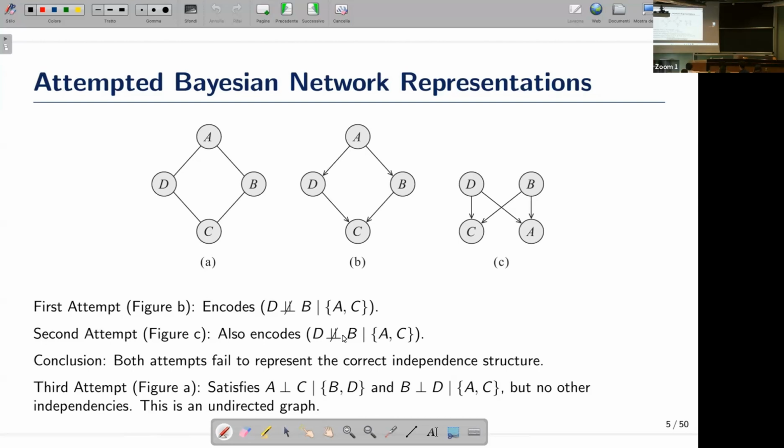So you have a V structure, you see it here. You have the collider, which is in the set of separators. So they are not d-separated. And what does it mean? That D and B are conditionally dependent. Okay, but this is not our assumption.